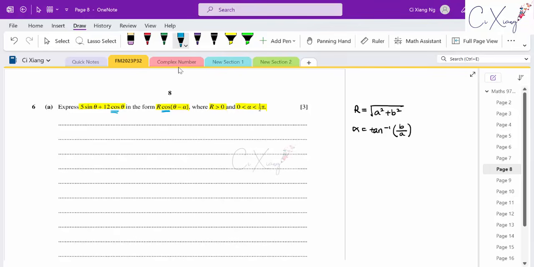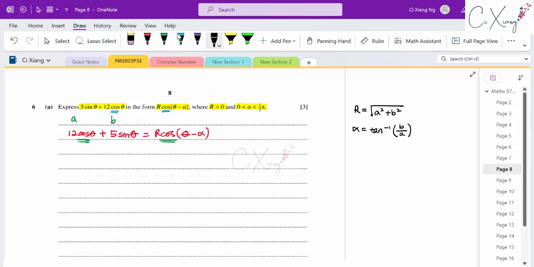So I need to rephrase it first so that it is 12 cos theta plus 5 sine theta, and it equals r cos(theta minus alpha). I want to ensure that when I change the expression to cos, the first term in front is a cos also, so that this is basically the a and this is the b. These are small details that we must be aware of before we can apply the formula directly to find the value for r and alpha.